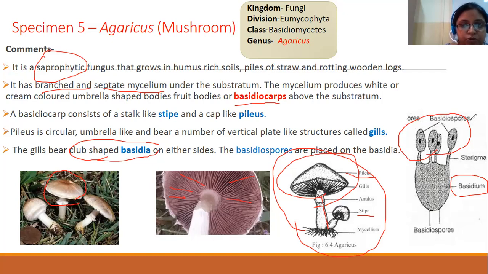These basidiospores germinate to produce a new fungus, a new mushroom, a new Agaricus in this case. All these basidiospores are produced after meiosis in the basidium, and are haploid spores containing n number of chromosomes. They will germinate to produce new fungi like this. So this is all the description of this mushroom.